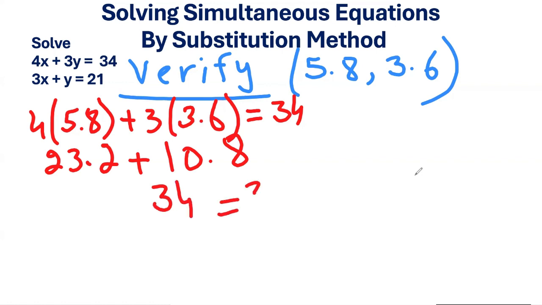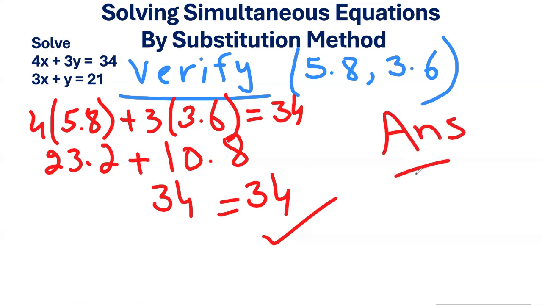So the equation is satisfied. Left-hand side is equal to the right-hand side. So this is your answer, and it is verified that the answer is correct. So this is called solving simultaneous equations by substitution method.